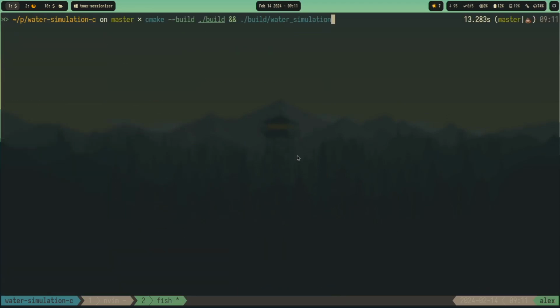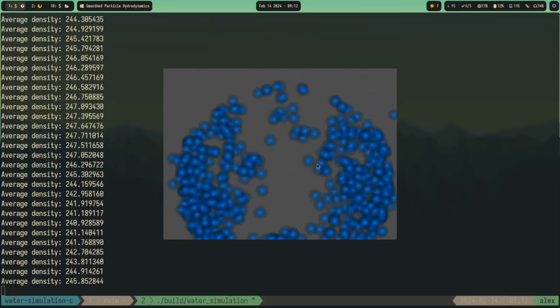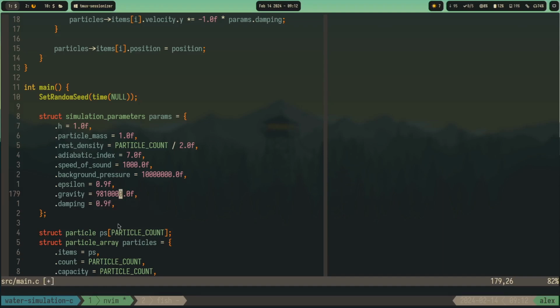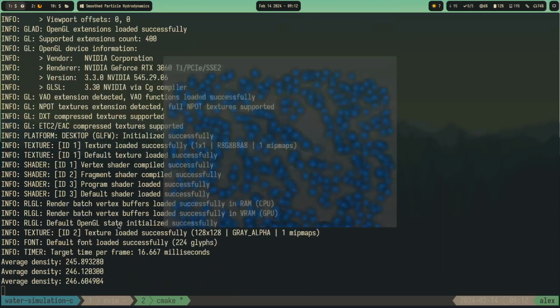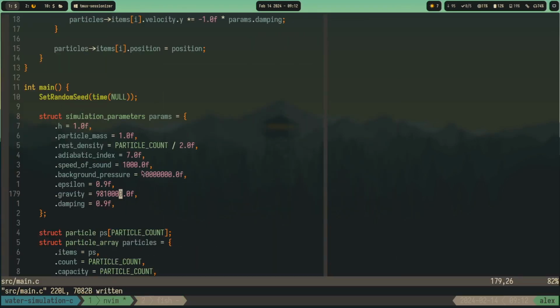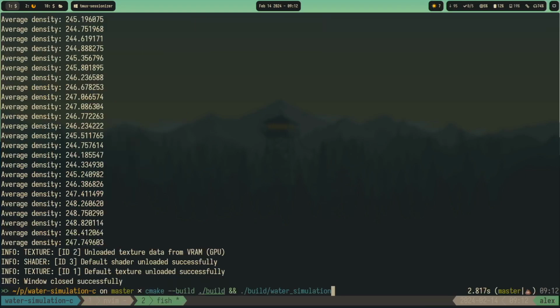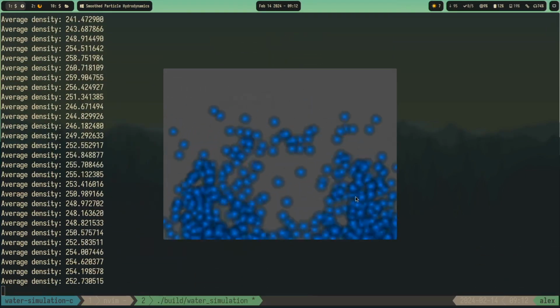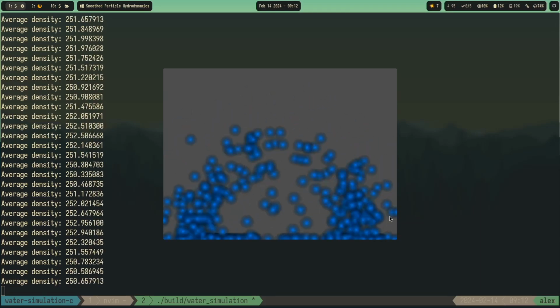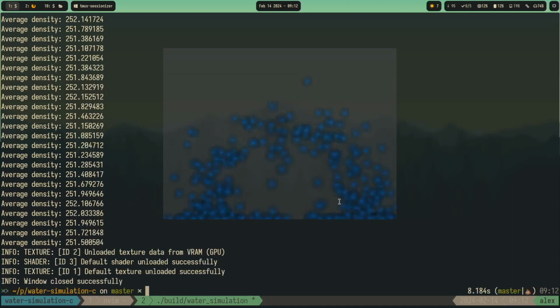Like 512 looks enough. And for gravity it was decent, this large. What else can we change here? Maybe make this larger. This makes it more agitated.